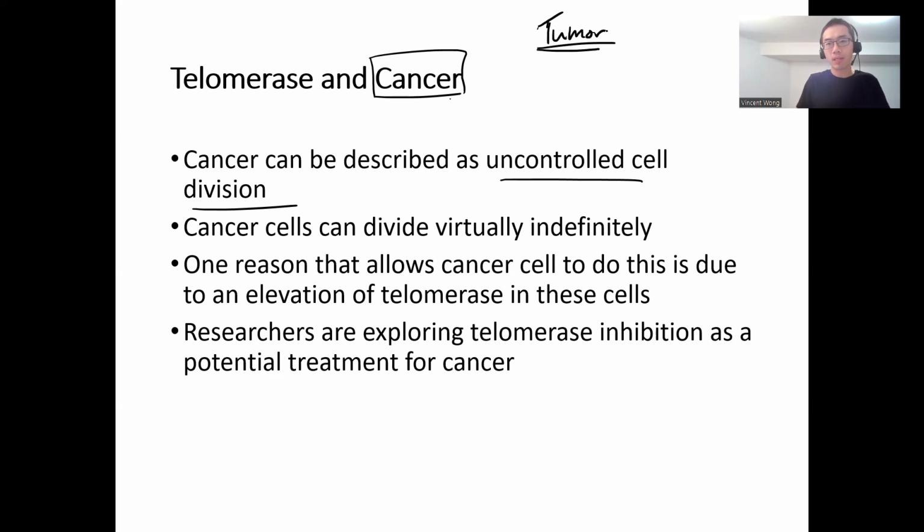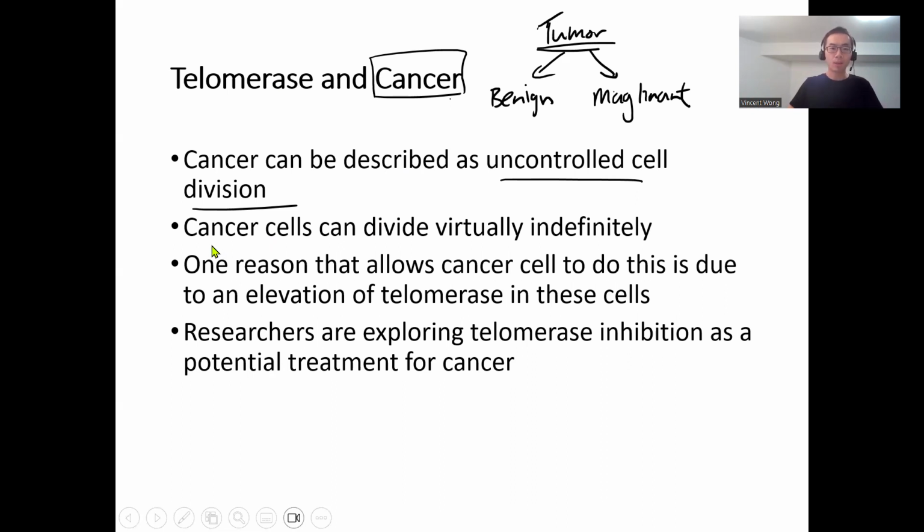Now, a tumor is not necessarily cancerous. A tumor can be benign, or it could be malignant. When it's malignant, then it is going to be cancerous. If it's benign, that means it's not cancerous. You can just remove it.